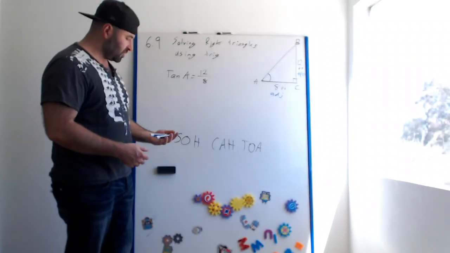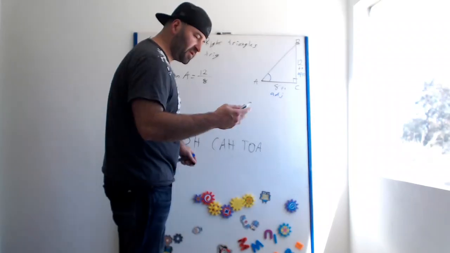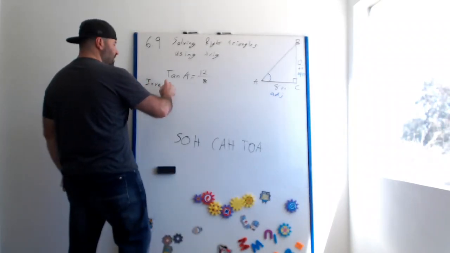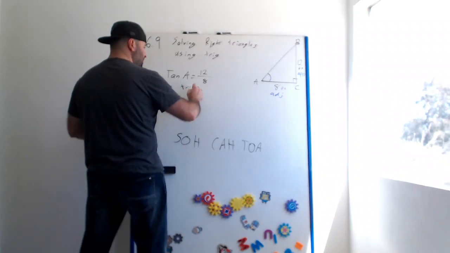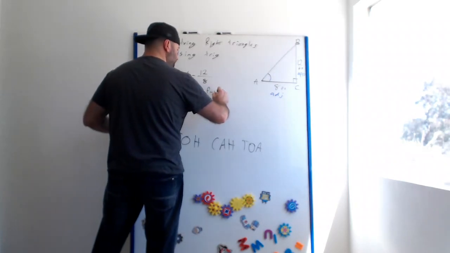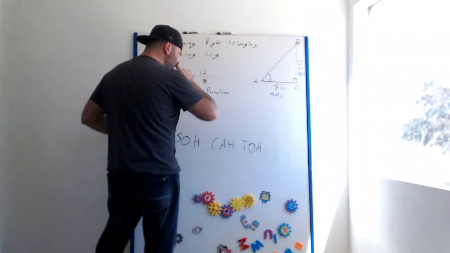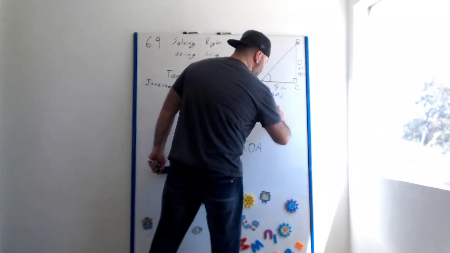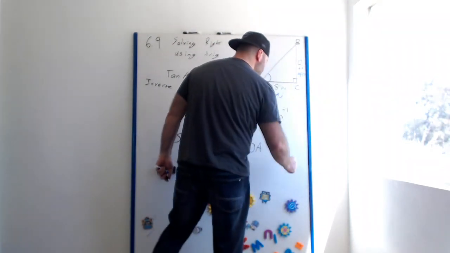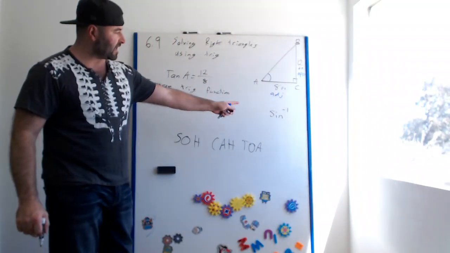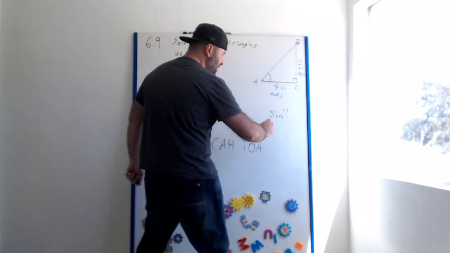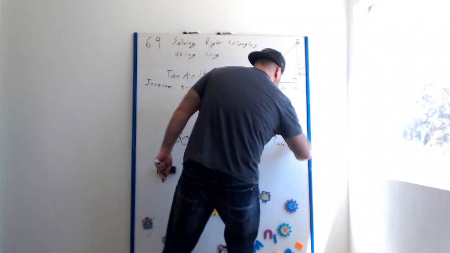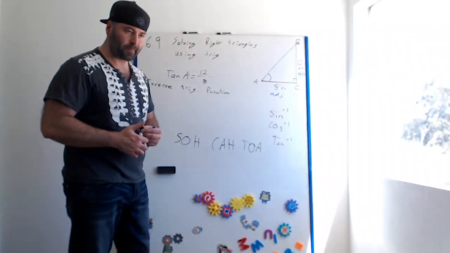So what we're going to do is use something called the inverse trig functions. And on your calculators, it would look like that: sine to the -1, cosine to the -1, tangent to the -1. Okay?